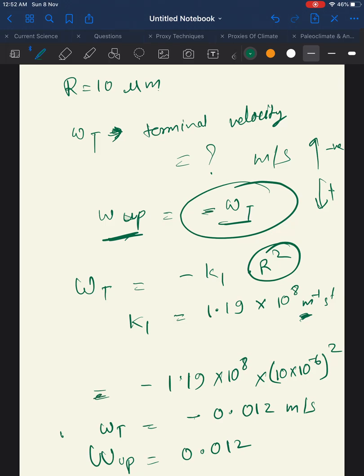This is Wt and both are equal. It is equal to minus sign, so minus minus becomes plus, and that's the reason why here it's positive. So the required updraft velocity is positive, and the value is 0.012 meter per second, which is a very gentle movement of air.